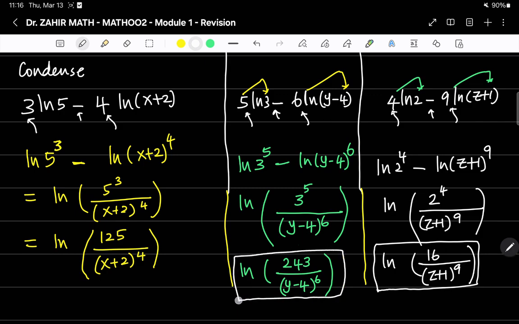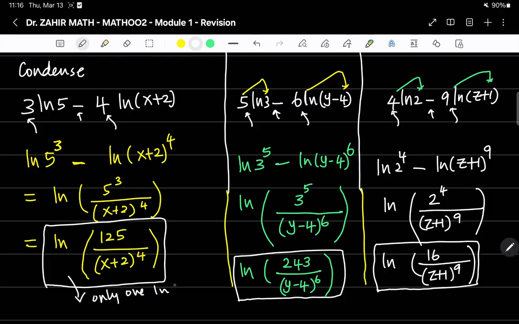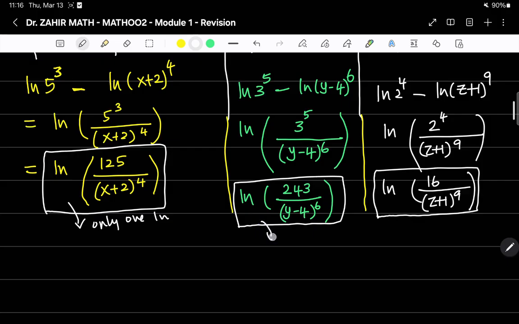In all the answers, you look, there is only one ln. Can you see that? Only one ln. So in a condense question, you should be very careful.